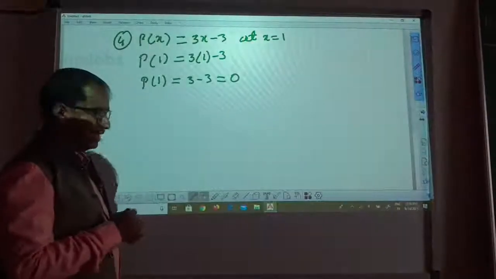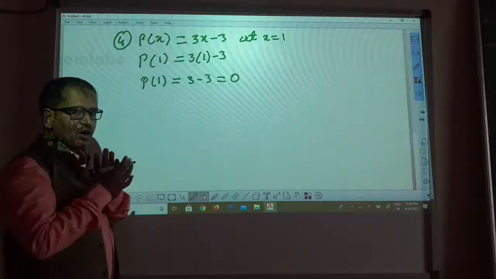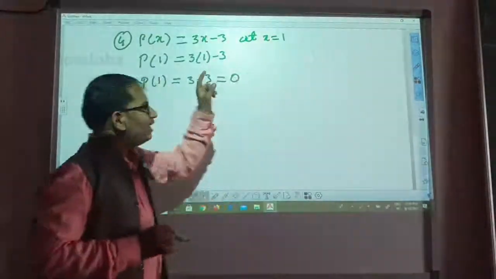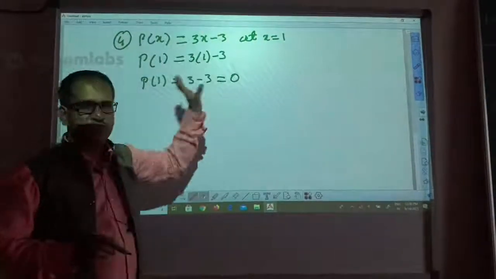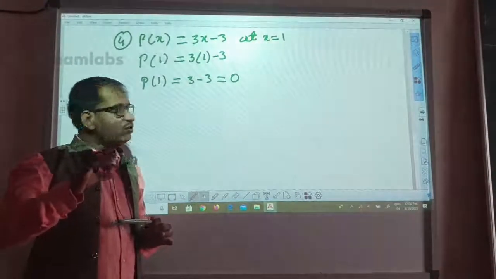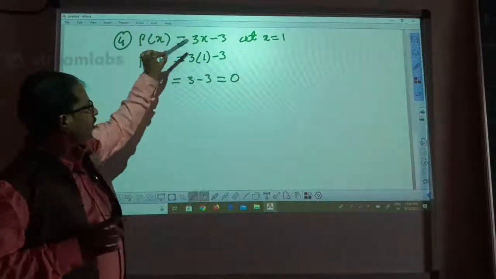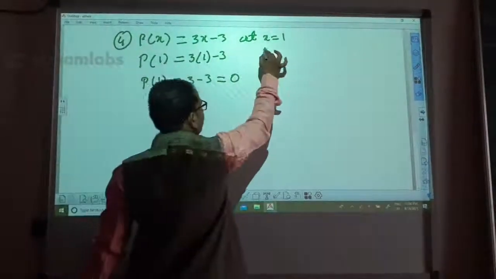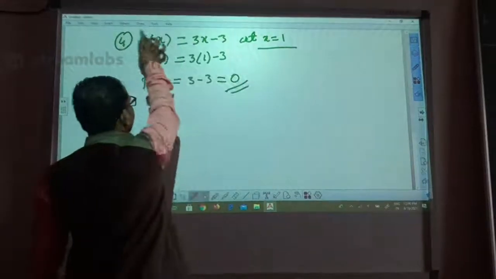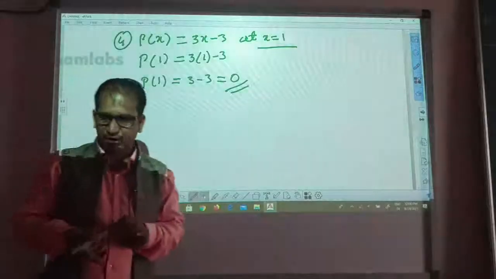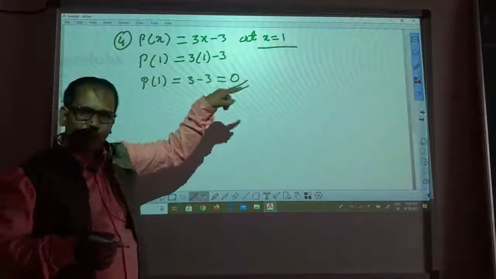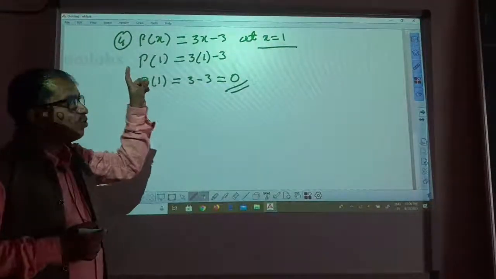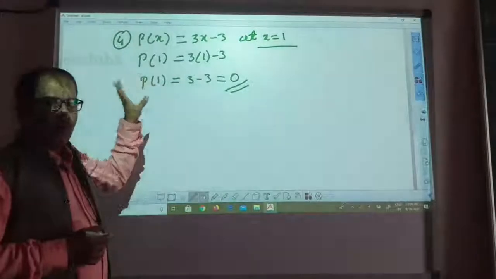So observe what we say here. The value x is equal to 1 makes this polynomial 0. x is equal to 1 makes this whole expression P of x is equal to 3x minus 3 equal to 0. So that x is equal to 1 is the 0 of the polynomial.